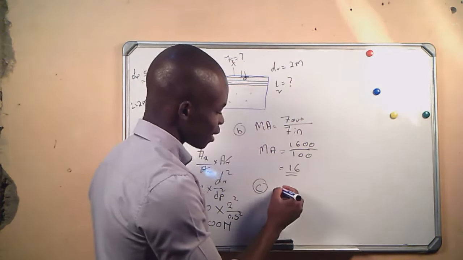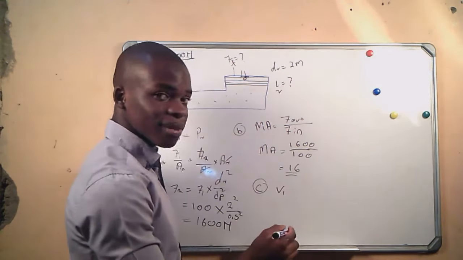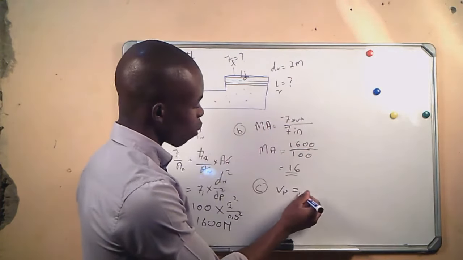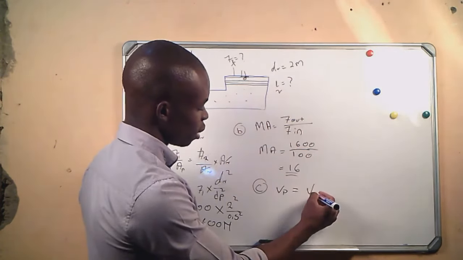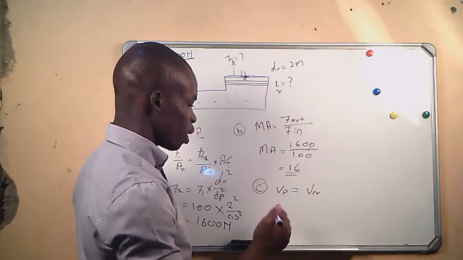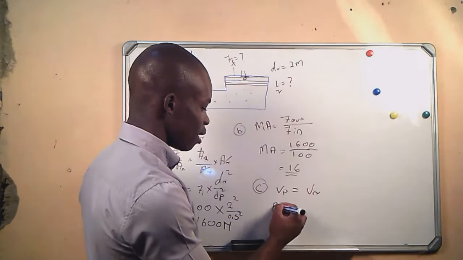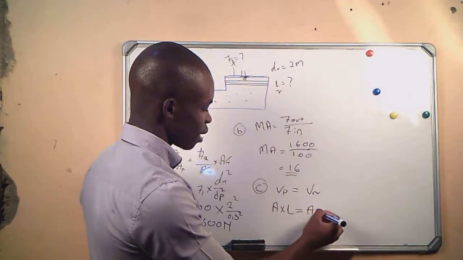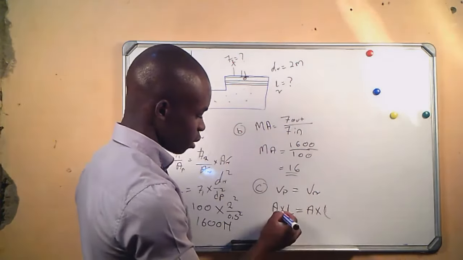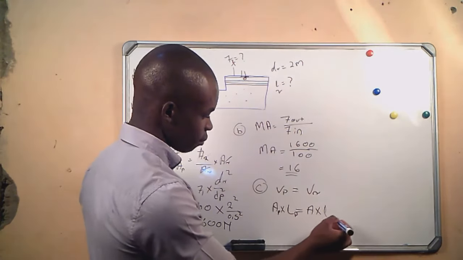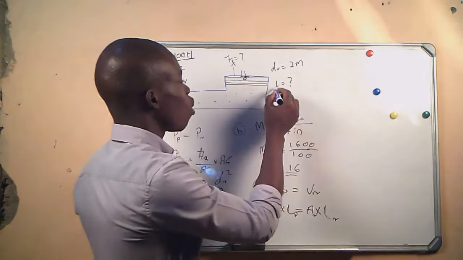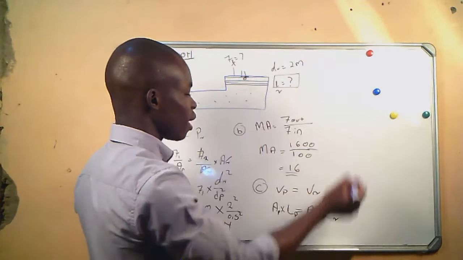Therefore, we can say that V1, the volume change in the plunger, will be equal to the volume change in the ram. We know that volume is area times the stroke length. This is the plunger. This is the ram. What are we looking for? We are looking for the stroke length of the ram.